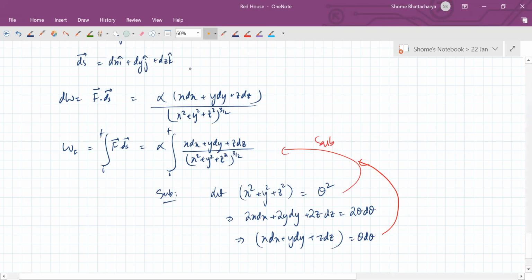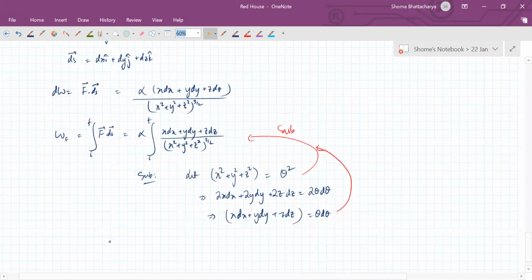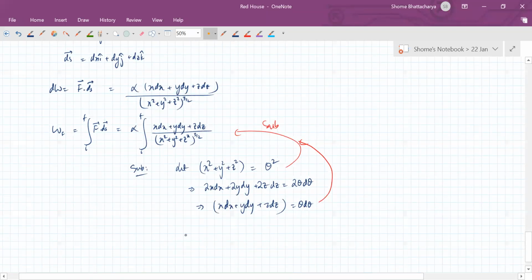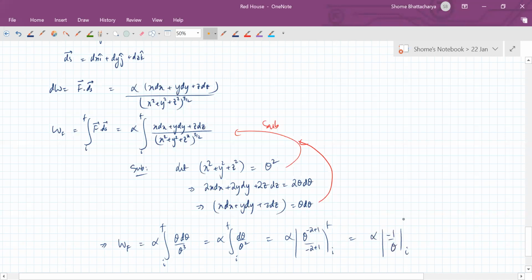So my integration now will become like this. And then I'll just substitute theta as square root of x square plus y square plus z square.